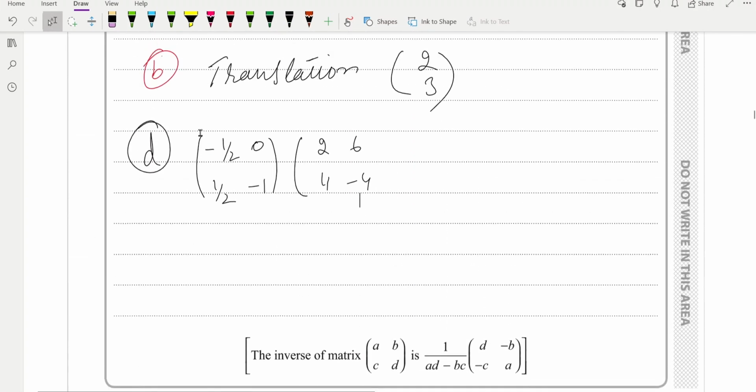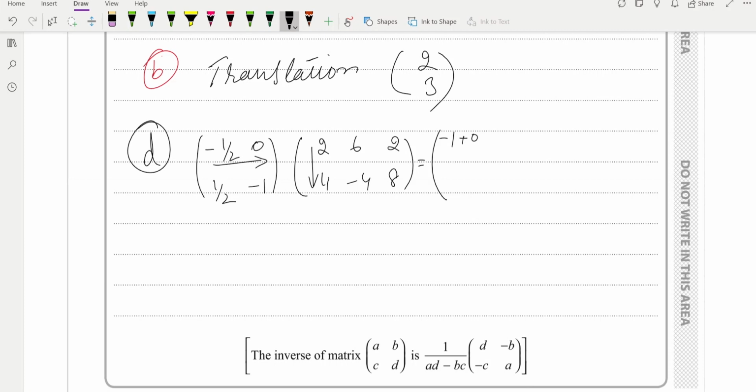So we can write here 2 and 8, and then we have to multiply this row by this column. This will be equal to minus 1 by 2 into 2 will be minus 1, and 0 multiplied by 4 will be 0, so plus 0.